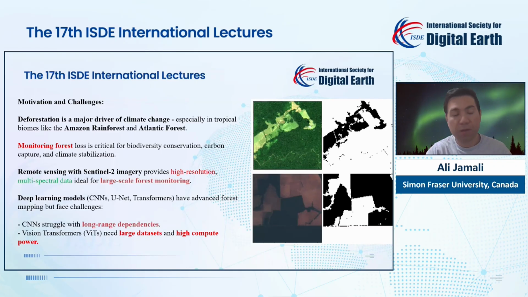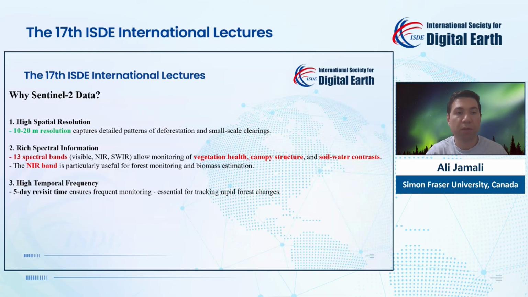I will talk about them in the next slides, but CNNs, as was mentioned in previous slides, are excellent with local information, but they struggle at capturing long-range dependency. Vision Transformers are excellent at capturing global information, but they need large data sets, large ground truth data, and they are significantly heavy in computational cost.